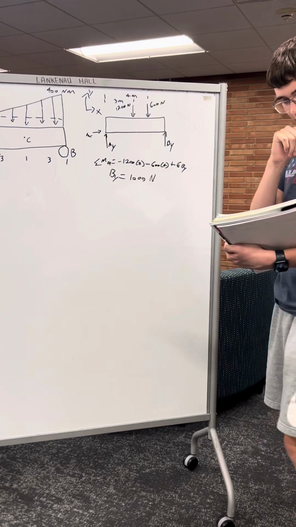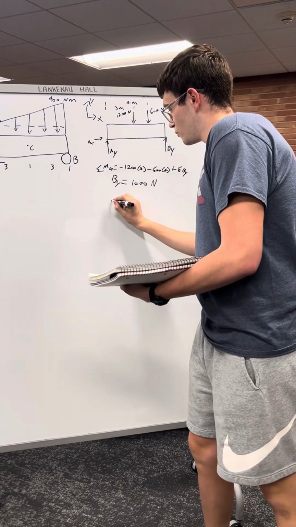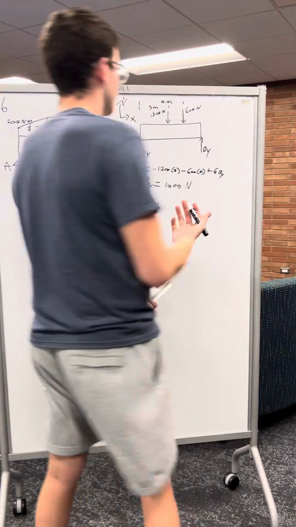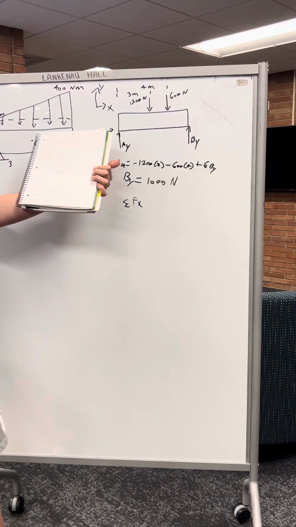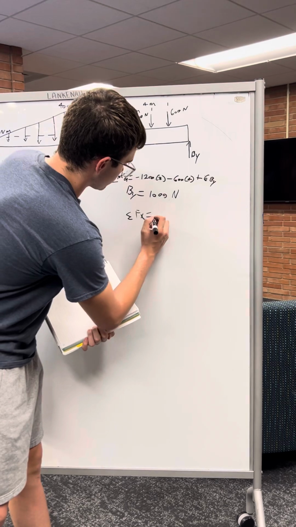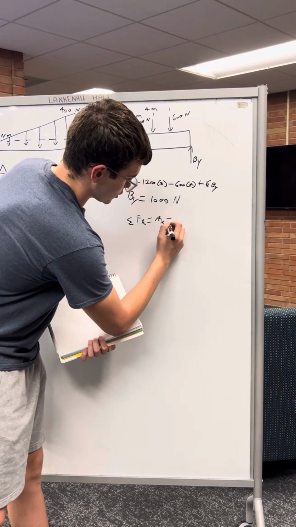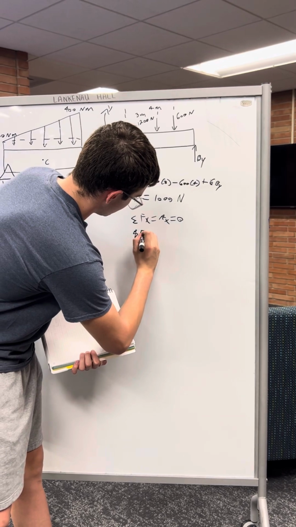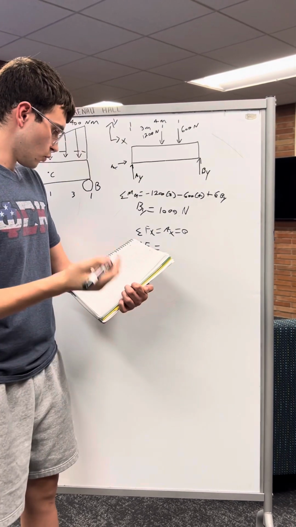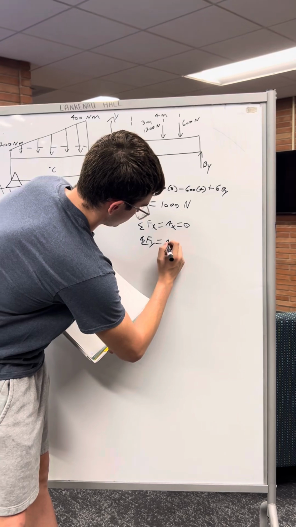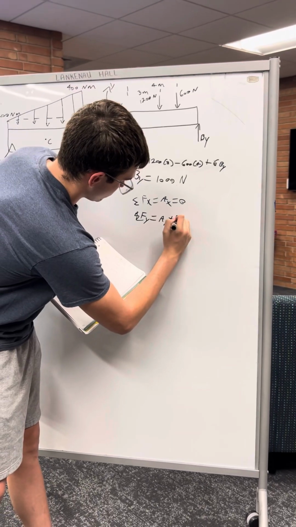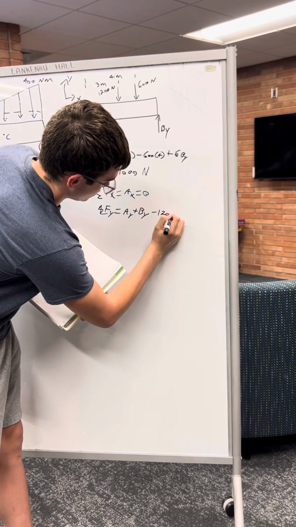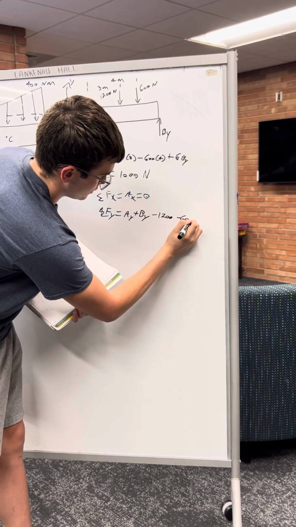All right. So after that, we want to do our sum of forces in the X direction. We only have one force in the X direction, which is Ax, which is just going to equal 0. And then sum of forces in the Y direction, we have Ay, By, and then minus 1200, and then minus 600.